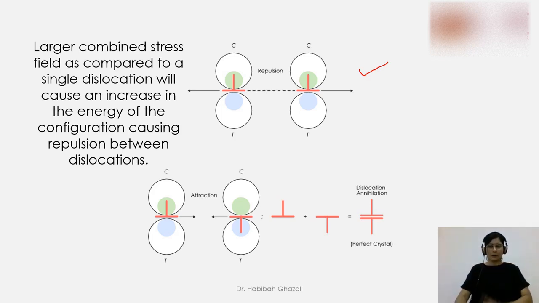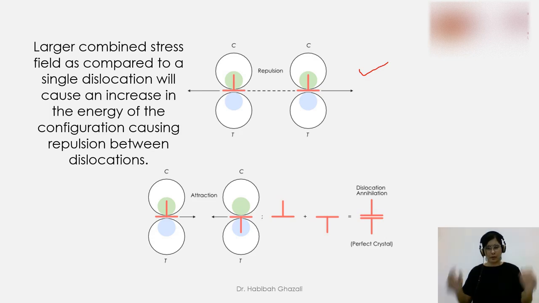What will happen when they interact is a larger combined stress field, compared to what happens with a single dislocation. So there will be an overlap of regions of compressive or tensile stresses from the two dislocations. Therefore, there is an increase in energy of the whole configuration, and a repulsion between these two dislocations.